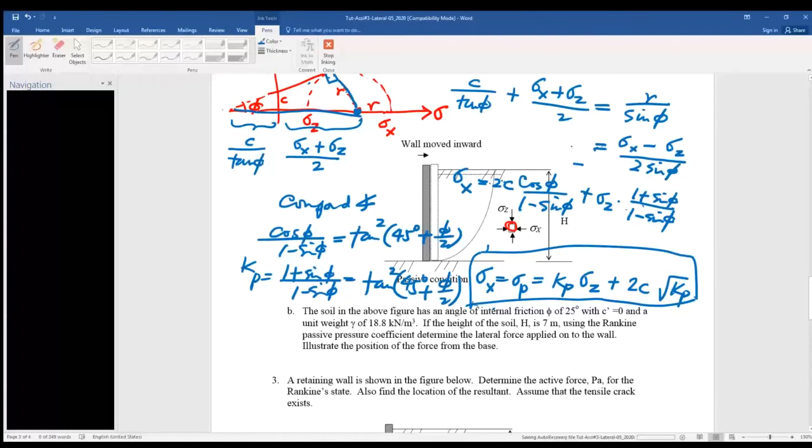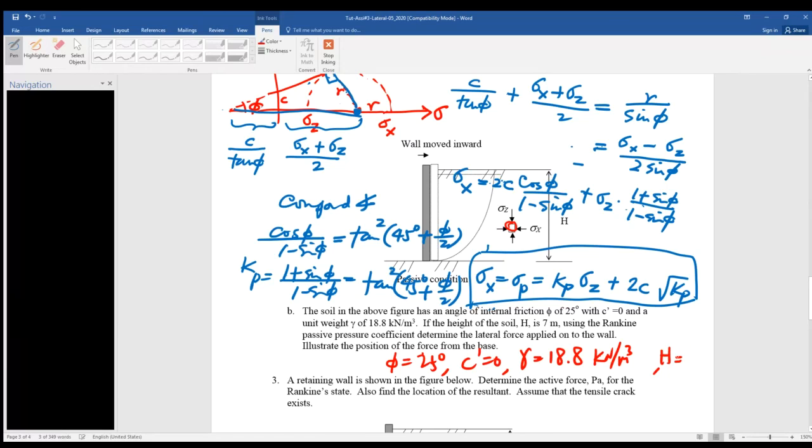For the part B, given that phi equals 25 degrees, and c dash equals 0, and gamma is 18.8 kN per cubic meter, and H equals 7 meters.